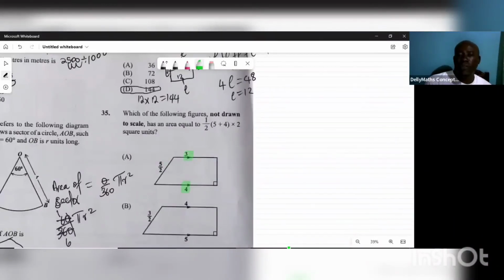So we're looking for a 5 and a 4 as the parallel sides. Half of it is there, that's part of the formula. And 2 would be the height. The height is this. So I'm looking for something with a 5 and a 4 and a 2 here. So let's look.